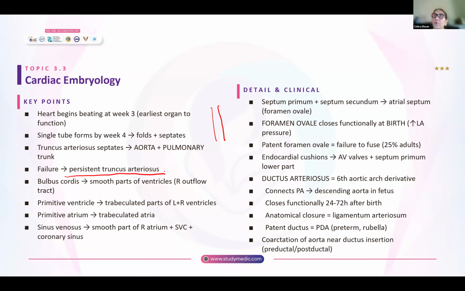Now coming to formation of the interatrial septum. Remember, in the fetal circulation, blood does not go into the lungs for oxygenation, basically because the lungs are not yet functioning in the fetus. So the right ventricle is not pumping blood into the fetal lungs.